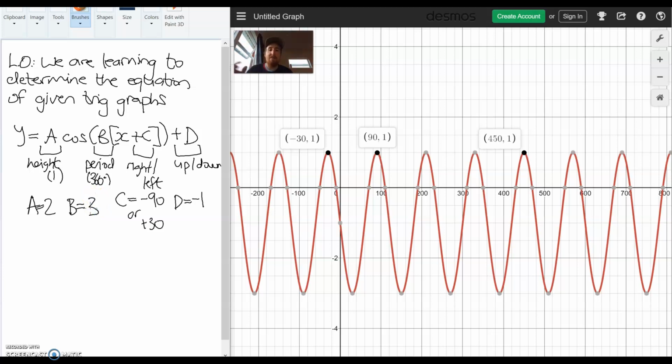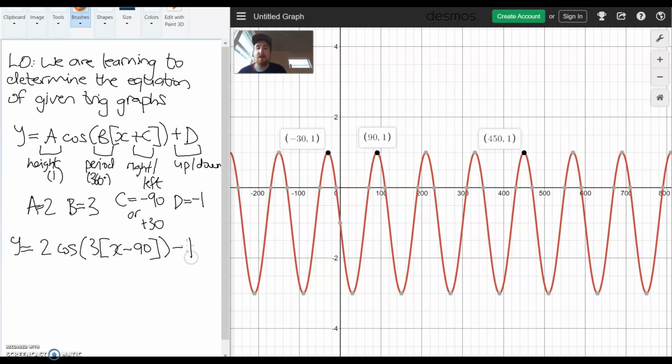From that, we can pull together all of that to get our final formulas. I'm going to write both formulas, with the -90 and the +30, because either of them is correct. So y is equal to 2 cos, and then small bracket 3 square bracket x minus 90 minus 1.